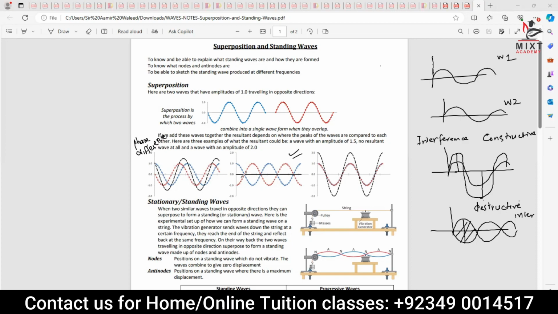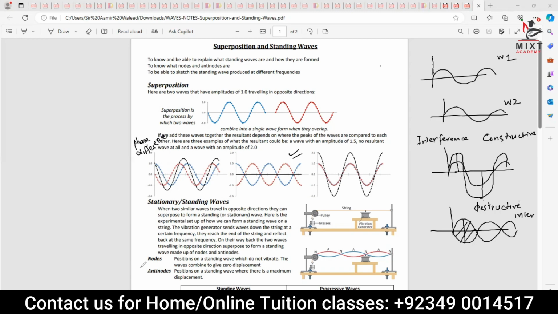If the two waves are not in phase, then it's difficult to judge whether it's constructive or destructive interference. But still, some part is superposed onto the other wave and some part is not, but there is a phase difference here. That's what I wanted to say at this point.